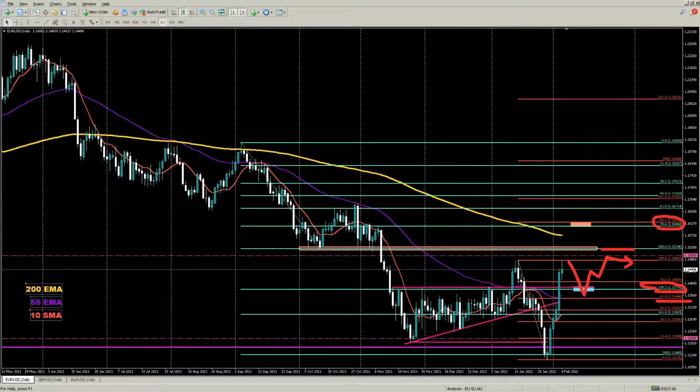Okay, so what triggered the move by the ECB was that they did acknowledge that inflation is rising, and it's possible that they could increase rates at a higher rate than expected for this year.